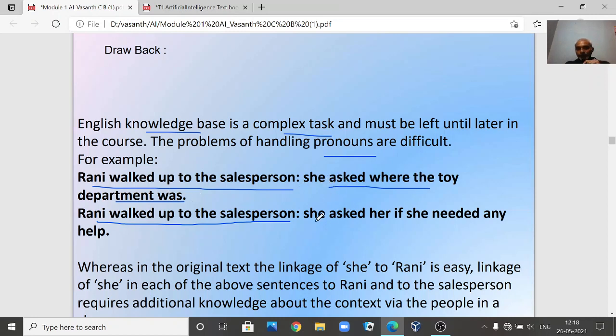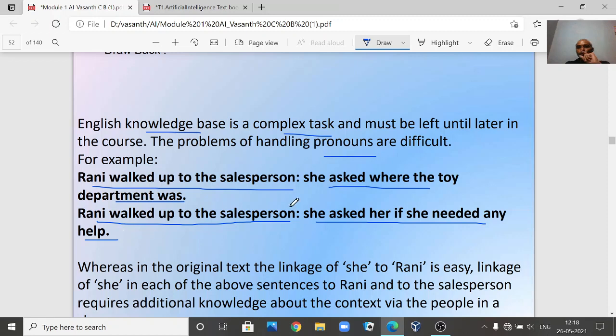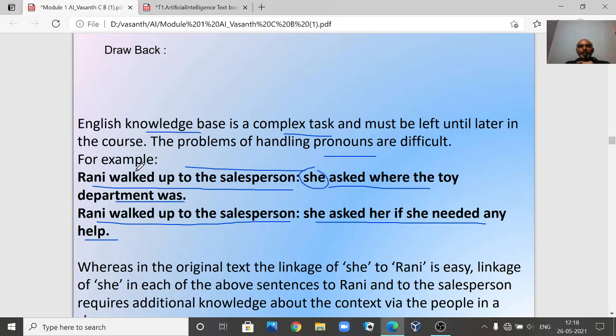In the second sentence you see: she asked her if she needed any help. Now you see the complexity involved here. If you are going to substitute this she with Rani, right? When Rani walked up to the salesperson, she asked. When you go for substitution, when you want to get the questions for your answers, when you are going to search for the patterns, here you are going to replace she with Rani.